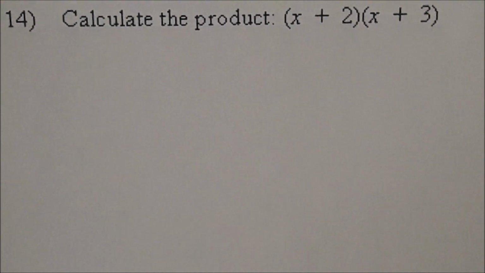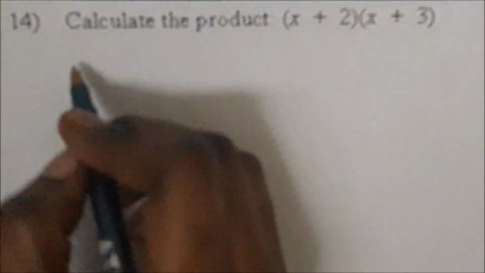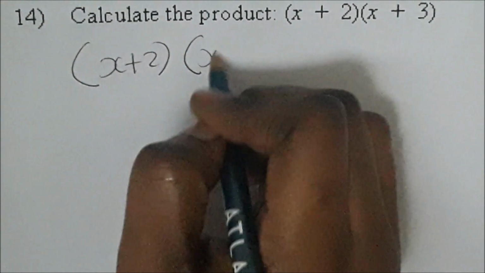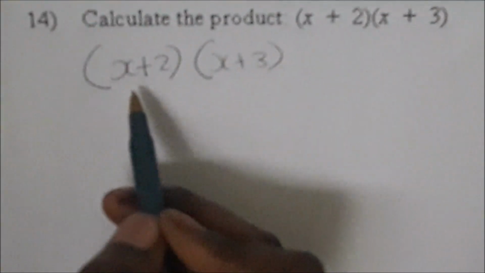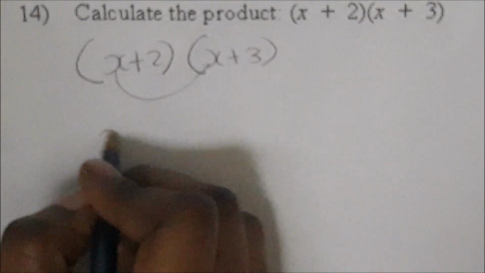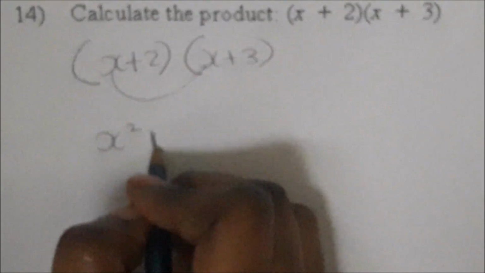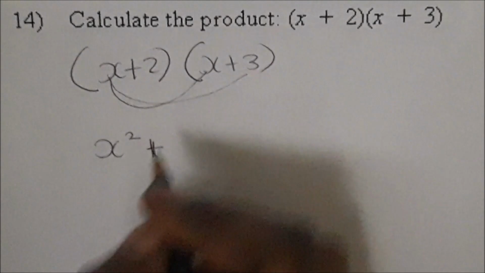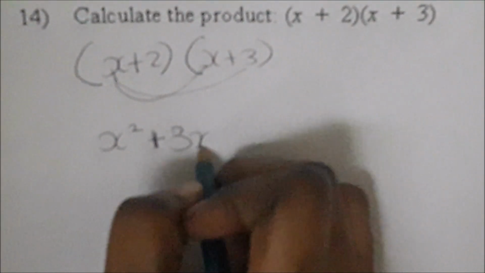Number 14. Calculate the product x plus 2 times x plus 3. Okay, let's work it. Go ahead. Write it again and then work it. X plus 2 times x plus 3. X times x, x squared. Plus x times 3 is 3x. Very good.